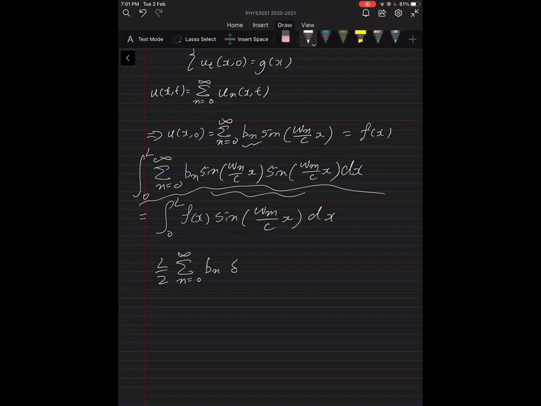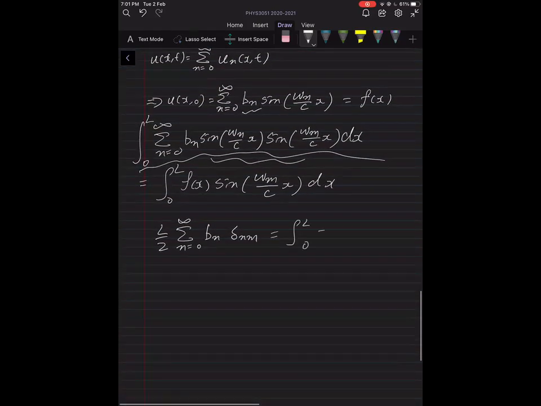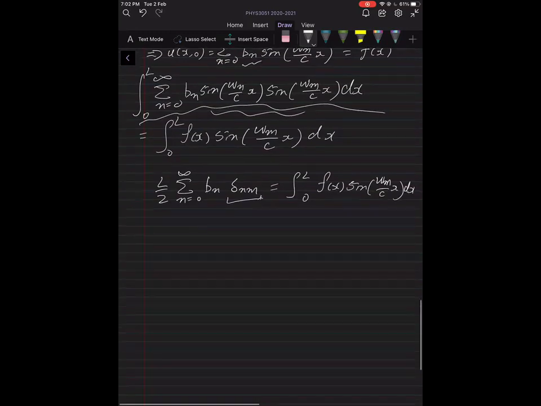Right, so this is the delta function. So we have B_n equals 2 over L times this inner product.